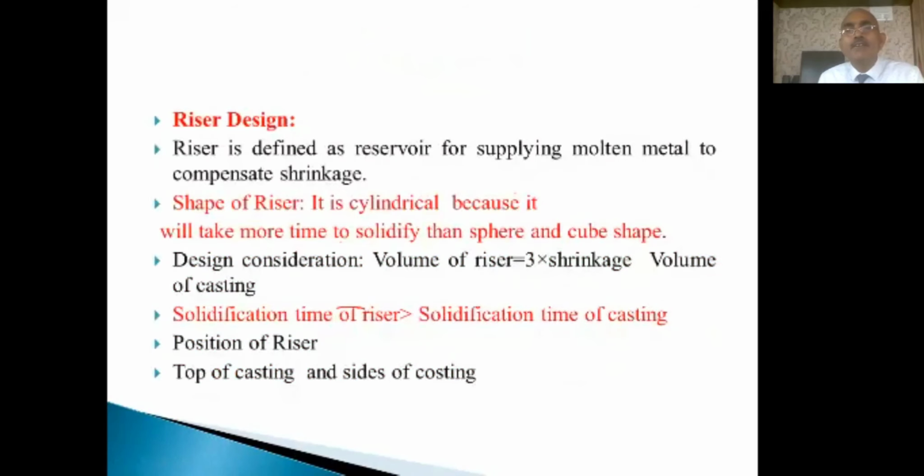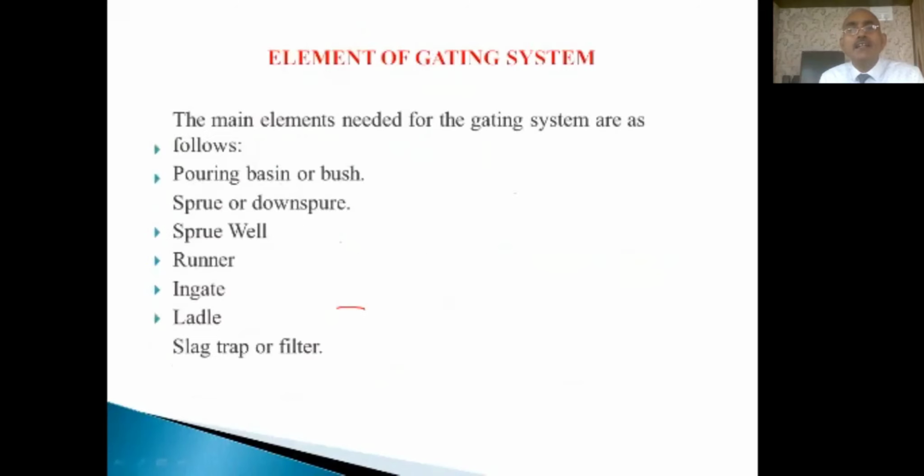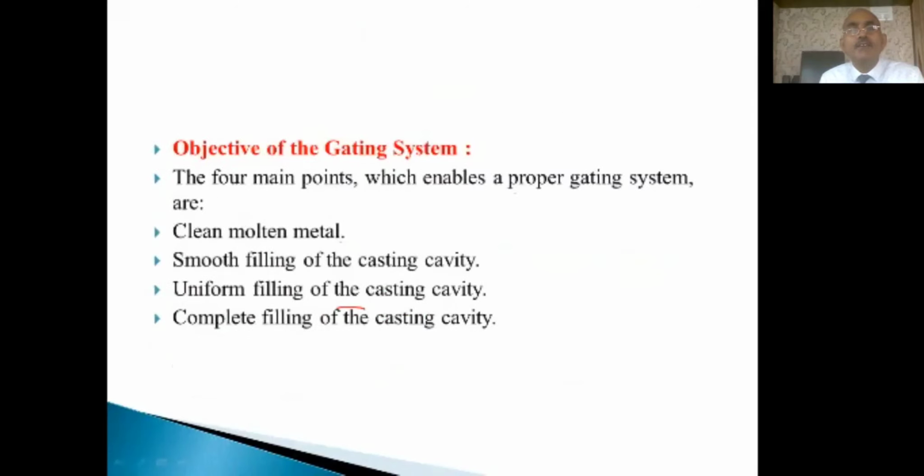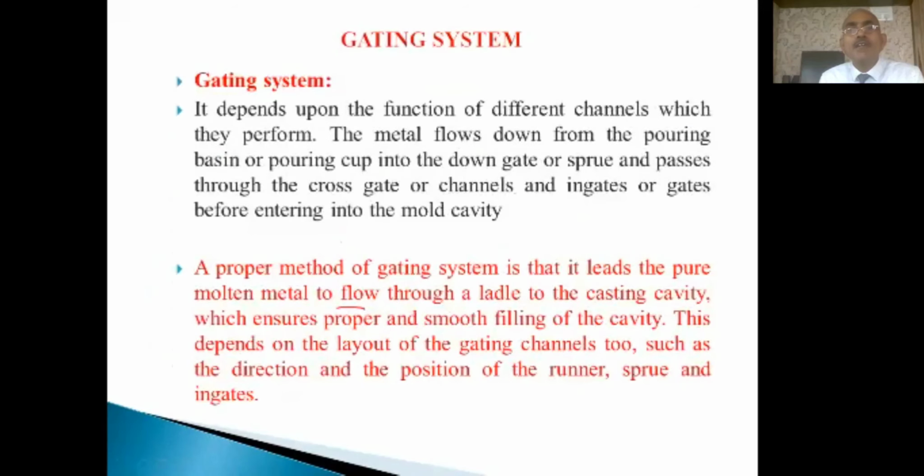Gating system. Now, the gating system. What is the gating system? Objective of the gating system. First of all, we should know the meaning of the gating system. See, the gating system is very, very important to study.